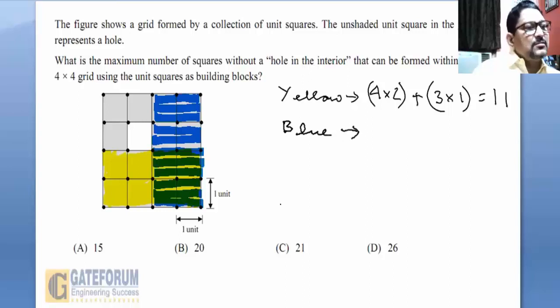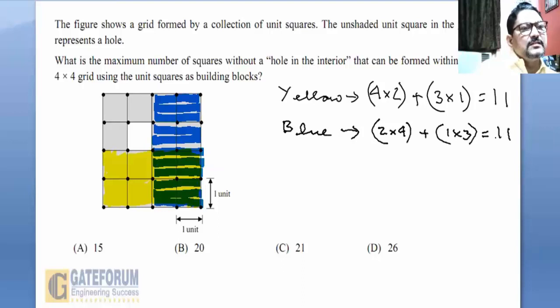This is also a 4 into 2 grid, right? The previous one was a 2 into 4. This is a 4 into 2 grid. And hence the number of squares would be 2 into 4 plus 1 into 3. So that is 11 squares in this blue portion.